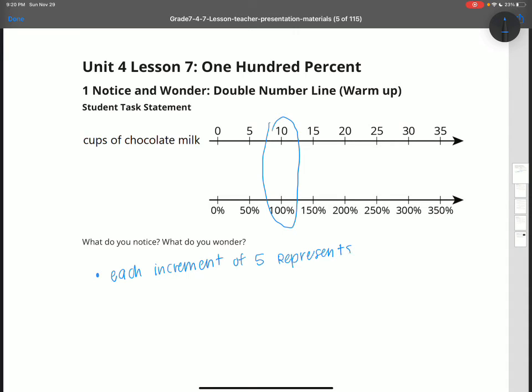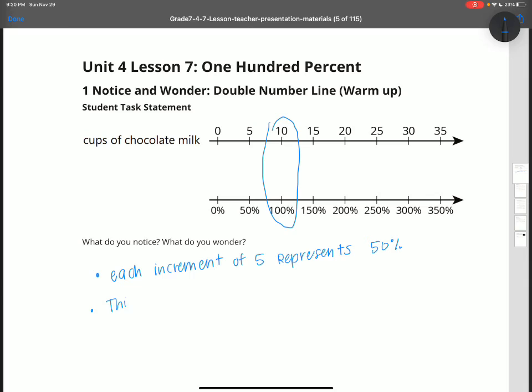Which percent do you think I'm about to write down? Each increment of 5 represents what percent? If you guessed 50%, you are absolutely correct. So each increment of 5 represents 50%. Then I noticed that it surpasses 100%.